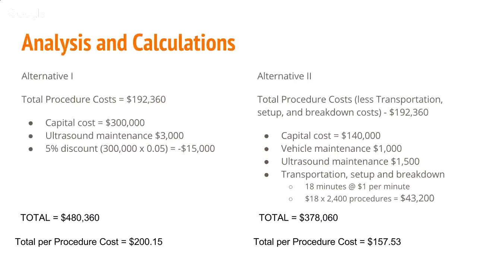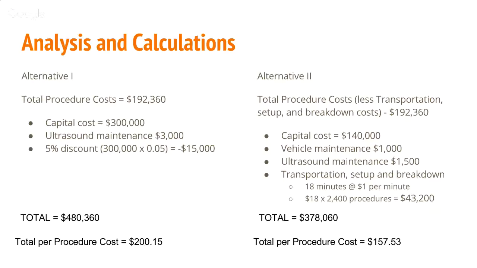This slide shows the comparison in price for each alternative. Alternative 1 has a total procedure cost of $192,360, which we calculated from the previous slide. Then we add the $300,000 in capital cost for the 3 ultrasound machines. Each machine has a yearly ultrasound maintenance cost of $1,000, so the total for the 3 of them is $3,000.